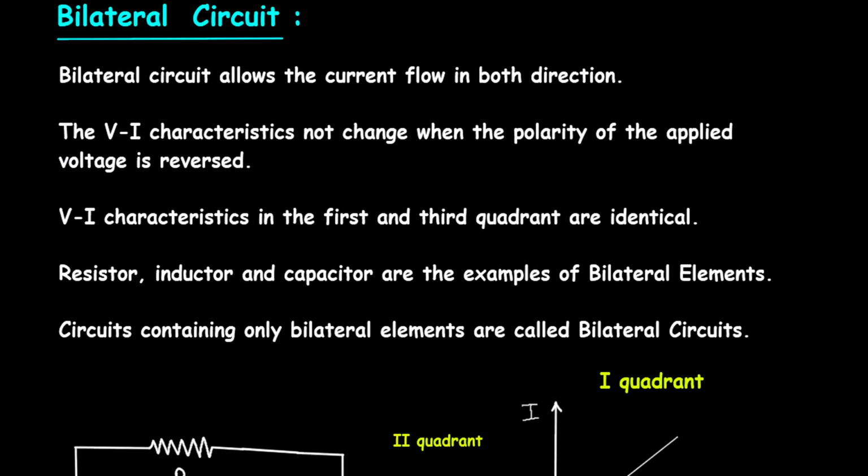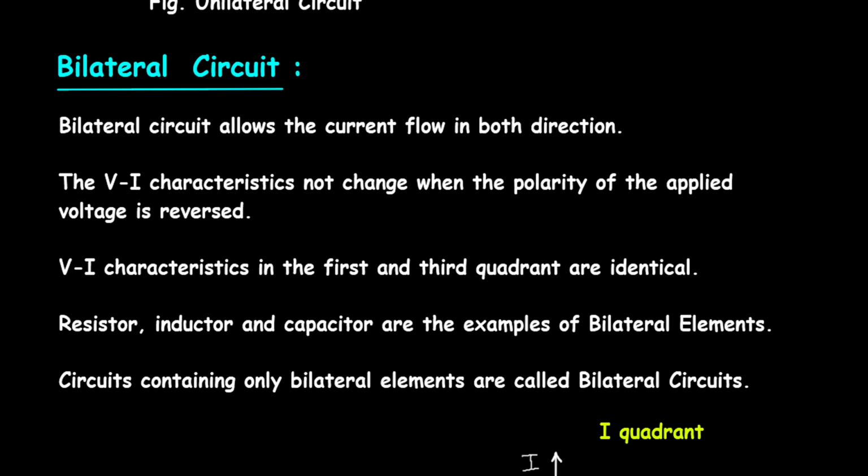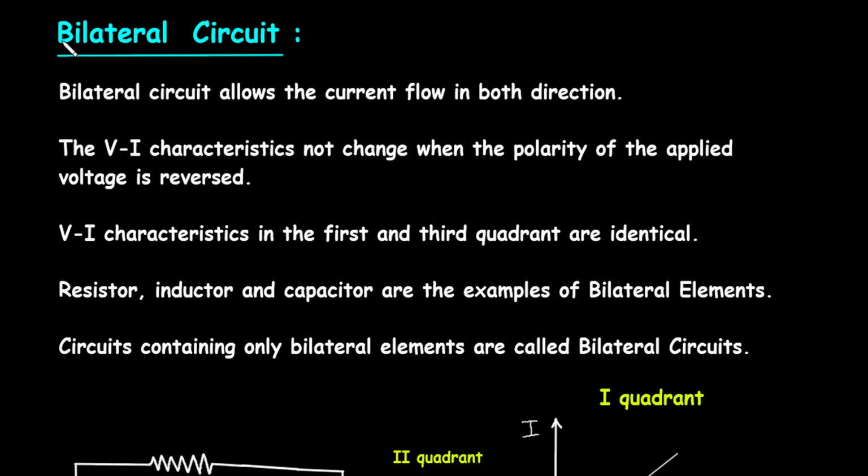Then next is bilateral circuit. Remember that bi means two or both. So a bilateral circuit allows the current flow in both directions. Unlike a unilateral circuit which allows the flow of current in only one direction, a bilateral circuit allows the flow of current in both directions. The VI characteristics do not change when the polarity of the applied voltage is reversed.